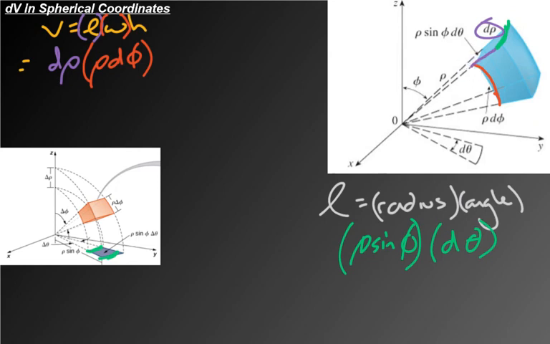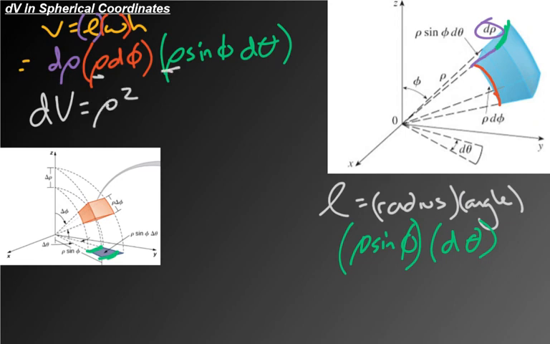So you get dV, the volume of this little cube, by multiplying this times this times this. And the last one is rho sine phi d theta. Typically we put it all together, and dV, you multiply this rho and this rho, so you get rho squared.